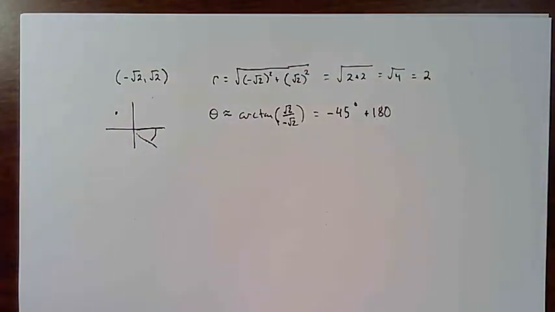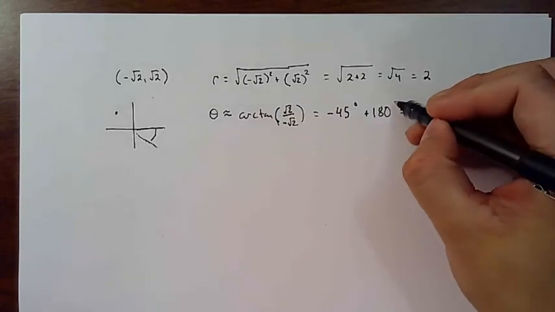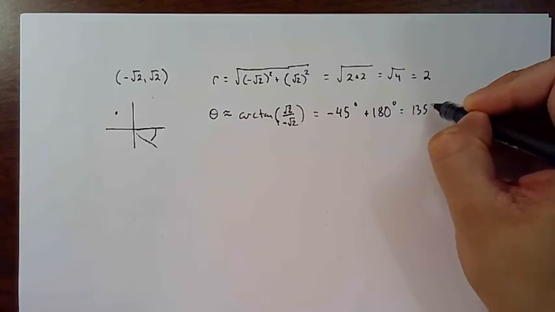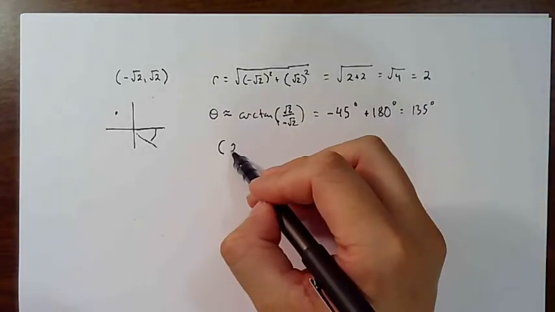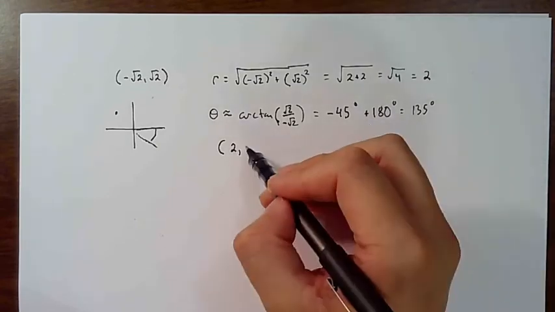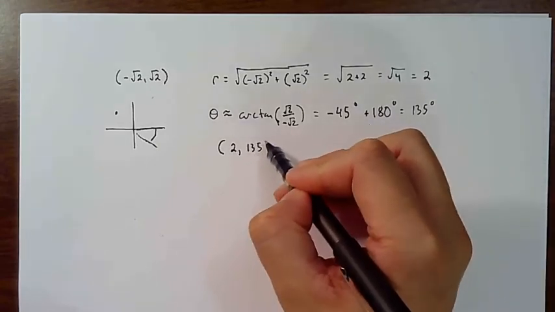So if we do negative 45 plus 180, we get 135. Okay, so our answer here should be r, which is 2, and 135 degrees.